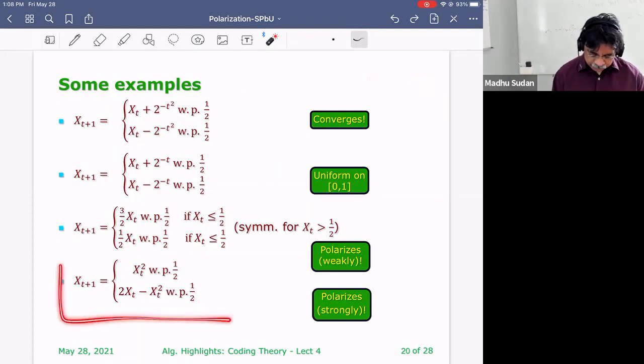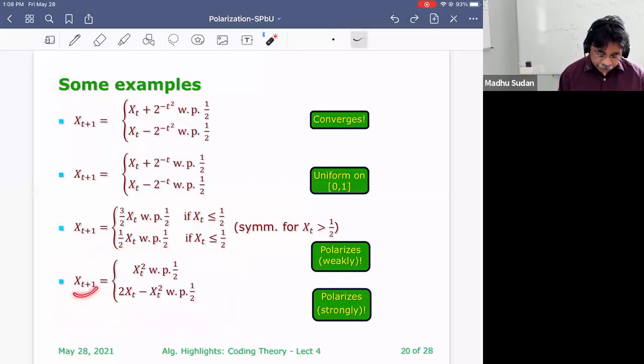Here is another process. At any point of time, x_{t+1} is the square of x_t with probability 1/2. So notice that we are talking of real numbers between 0 and 1. The square is a real number between 0 and 1. But if you're close to 0, you're much closer to 0 after one step.